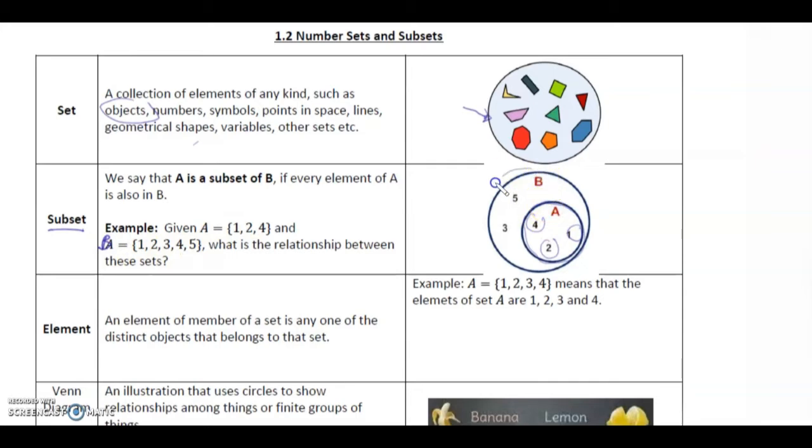B is the bigger circle, and it encases the entire A. So all of A, 1, 2, and 4, is in B, and in addition we also have 3 and 5. So what is the relationship between these sets? We can say A is a subset of B.